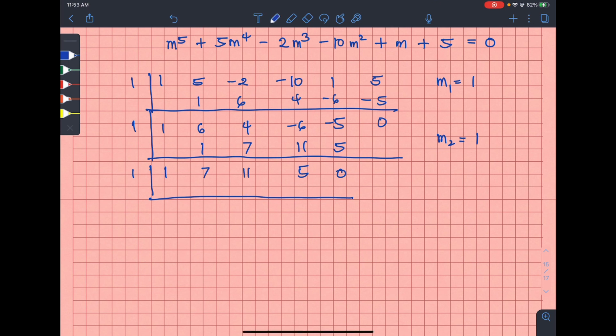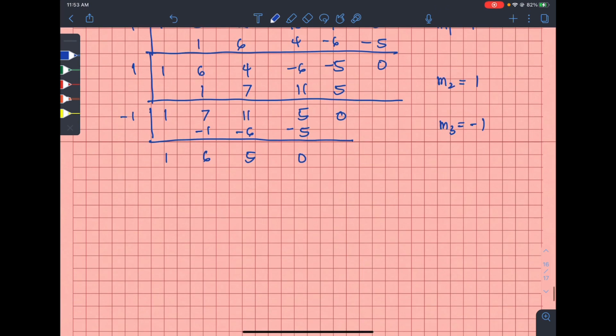So, I'll do the negative 1. I'll have 1, a negative 1, 6, a negative 6, then a 5, and a negative 5. So 0. So m3 then would be negative 1. So this is already a second, and I try another negative 1.